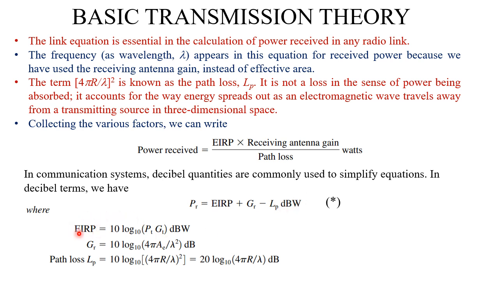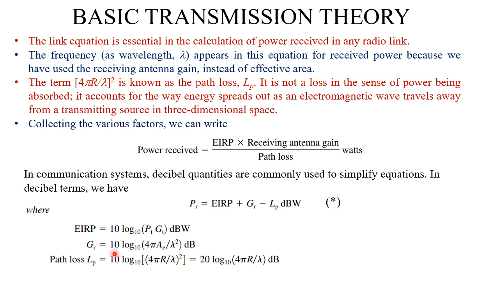Here all these terms are in decibel. So EIRP can be calculated as 10 log to the base 10 PT into GT. GR, the receiving antenna gain, can be calculated as, the original expression was 4 pi A by lambda square, we have to multiply it by 10 and take the logarithm with base 10.